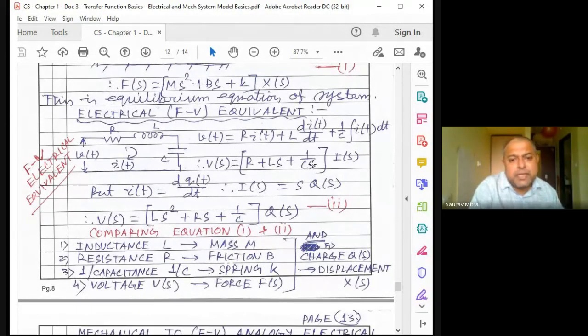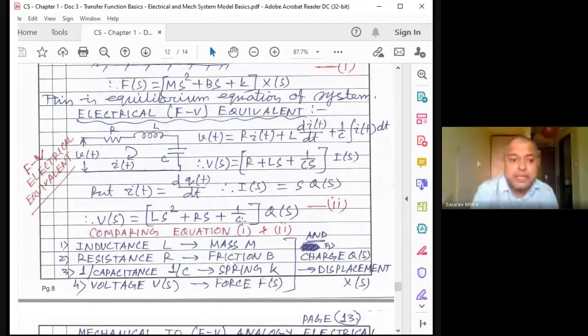The s in the denominator cancels, this s multiplies with Ls to become Ls square, and this s multiplies with R, so it becomes Ls square plus Rs plus 1 by C of Q(s).